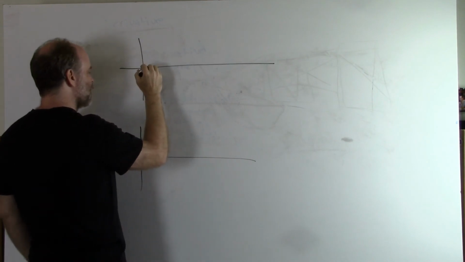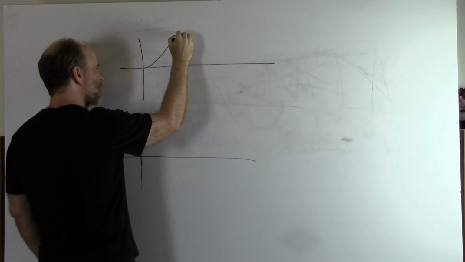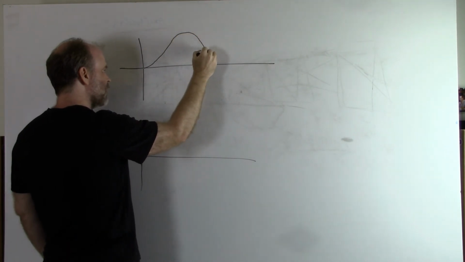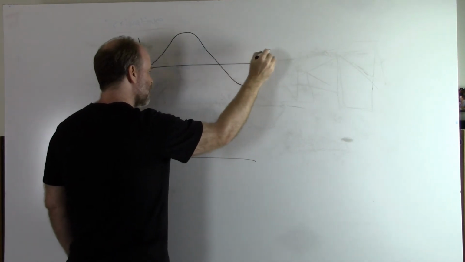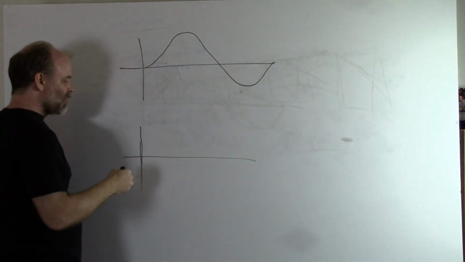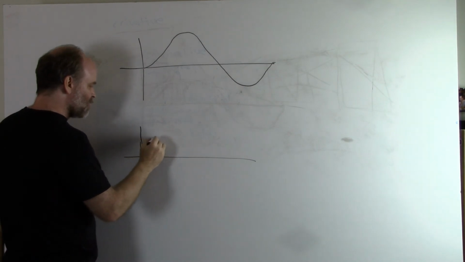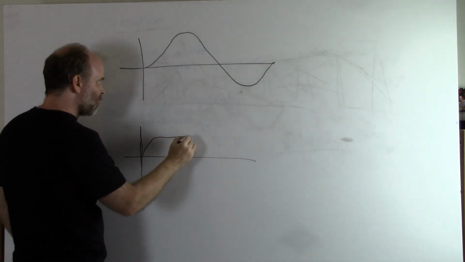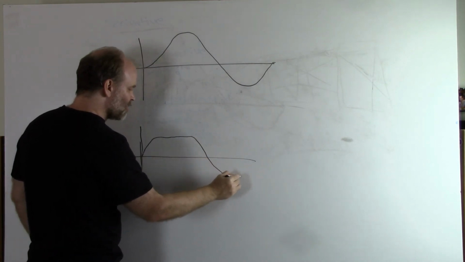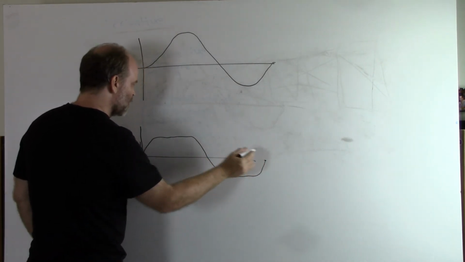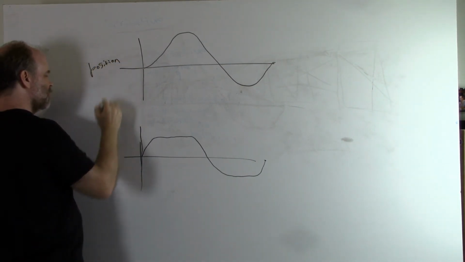So our position, we kind of increase to a constant speed, went that way for a while, turn around, again go at a constant speed in the opposite direction and come back. And then our velocity, we rise to a constant velocity, kind of go that way for a while, we slow down, we turn around, go at a constant velocity again for a while and come back. So position, velocity.